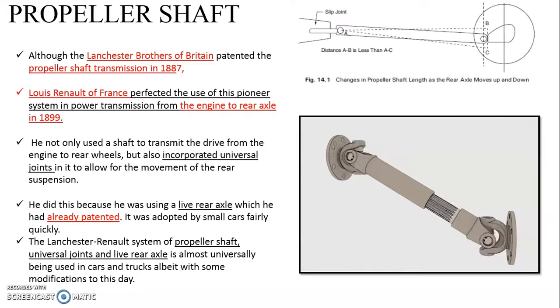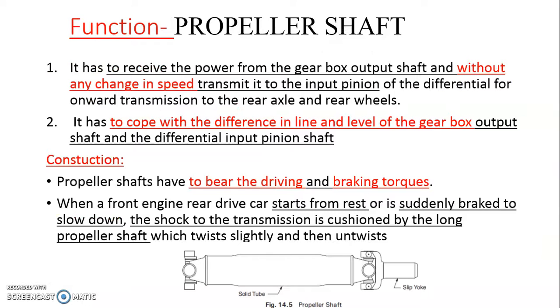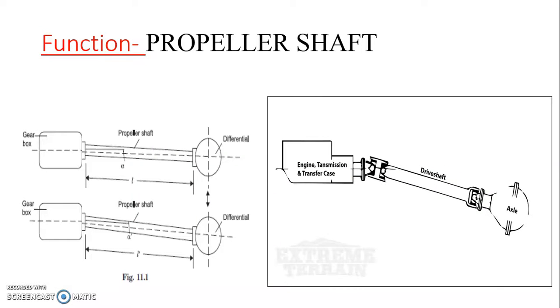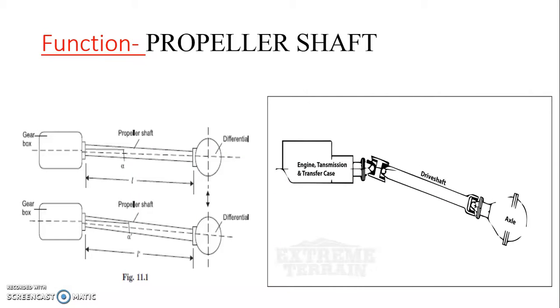After that, we have seen that Renault of France modified this transmission. He patented the rear axle, and he used the propeller shaft and universal joint. In that arrangement we have seen the function of the propeller shaft and how it is used.